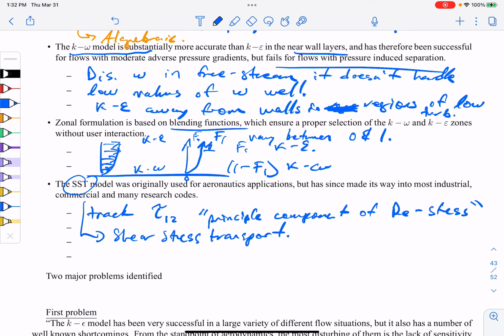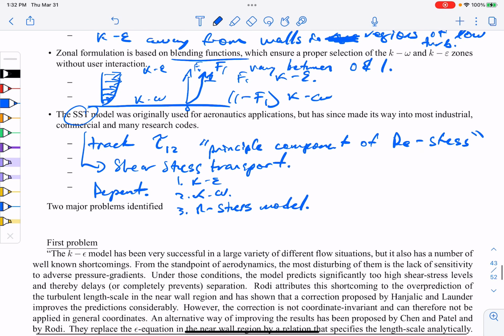So you can see the whole model is really dependent on 3 things: the K epsilon model, the K omega model, and a Reynolds stress model. But you're not doing full Reynolds stress models because we're just using the principal Reynolds stress like Johnson-King. I'm not a genius in the field of turbulence, but I would say Florian Menter is.